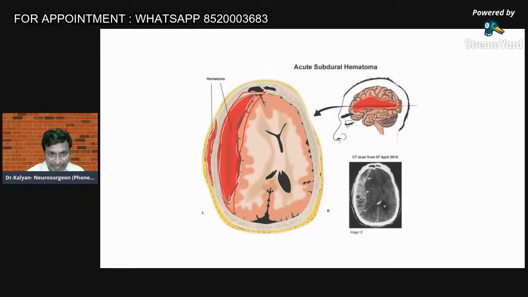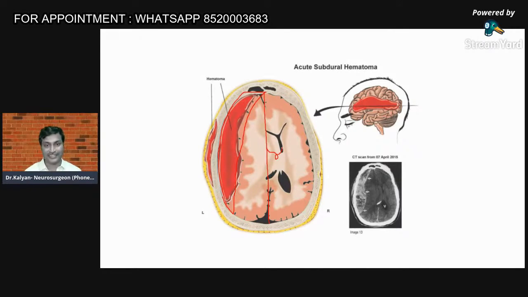So I will draw the midline. So the midline structure seen here is the septum pellucidum. So is there midline shift in this one? Yes or no? Yes.